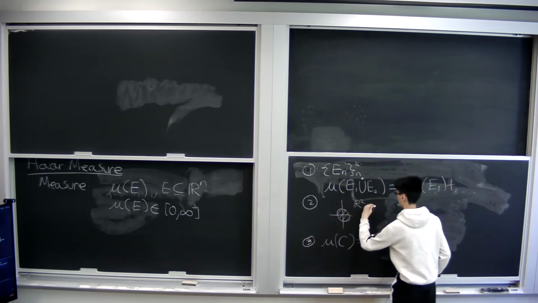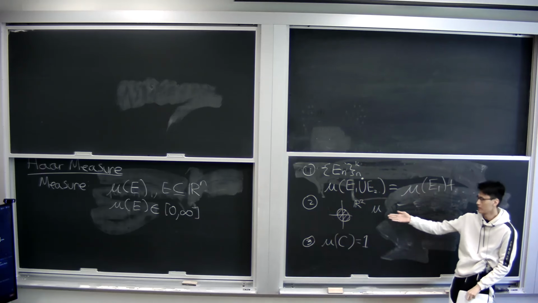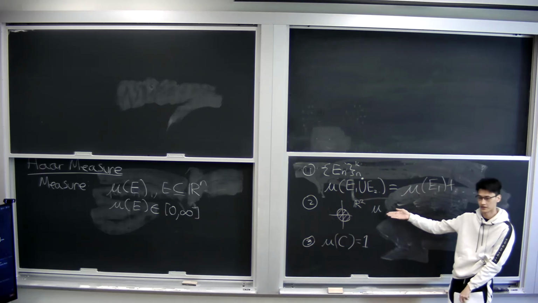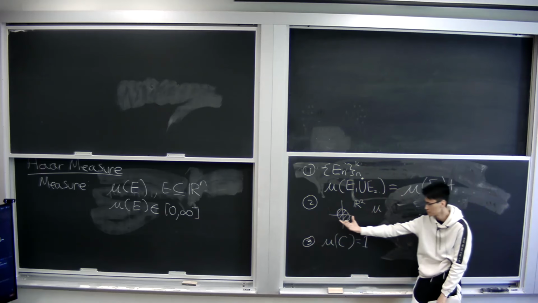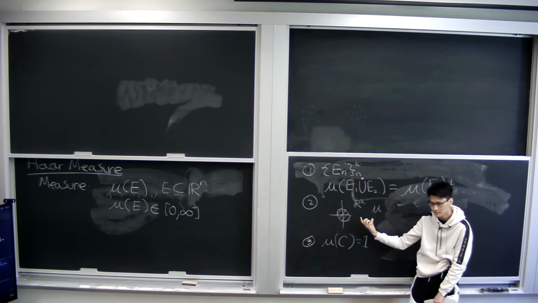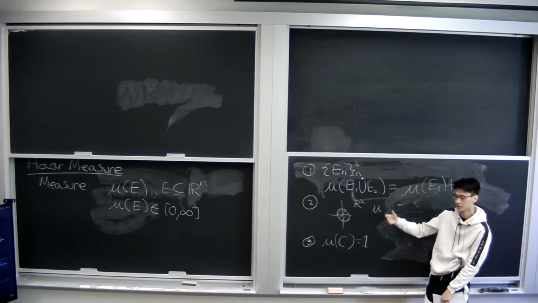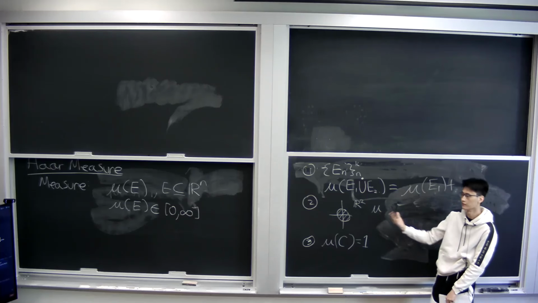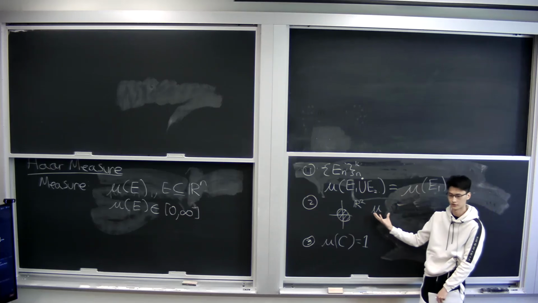Mu is translation invariant: our function should be translation invariant, where, for example, you have the unit sphere and you shift it by 1 unit. We want it to make sense for all subsets. And when I say translation invariant, I mean shifts and congruence. If two sets are congruent, then they should yield the same value under mu.